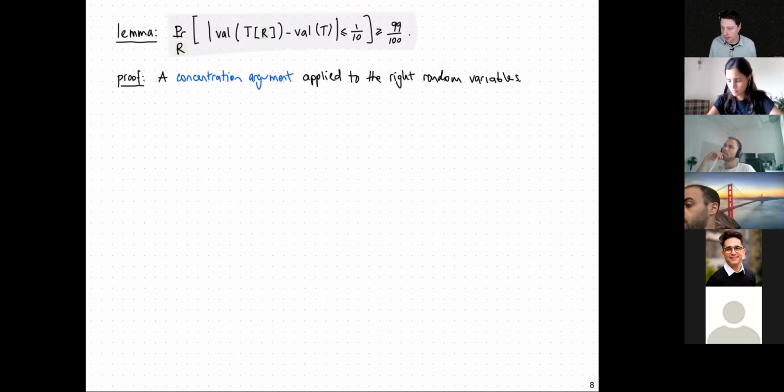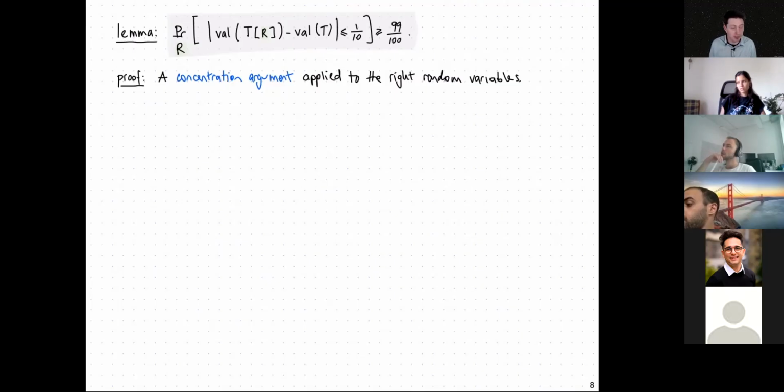There's a question by Alessandro. Does it imply that we do not need too much randomness for designing an IP? Or in other words, a certain amount of randomness is always enough? Not quite, because that would be saying that we have a transformation from an interactive proof with this amount of randomness to another interactive proof with less randomness. That is not what we're doing here. What we're transforming is going from an interactive proof with a certain amount of randomness to a probabilistic algorithm that uses less randomness.